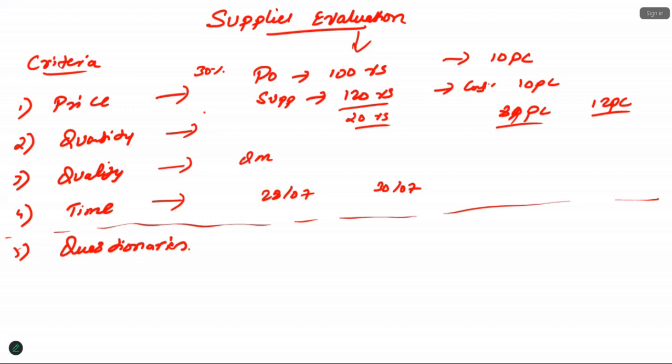For quantity, I'll give 30%. For time, I'll give 20%. For quality, I'll give 20%. I'll give weightage saying that for me, the price and quantity is more important compared to quality and time. So if you add everything, it should always be 100%. So you can give the weightage for each and every criteria saying that this is very important for me.